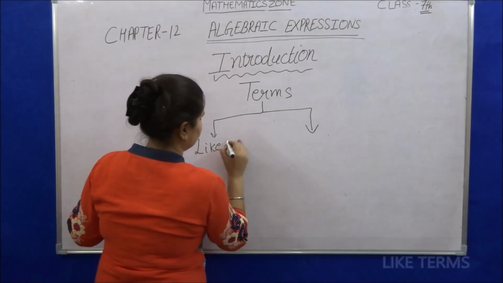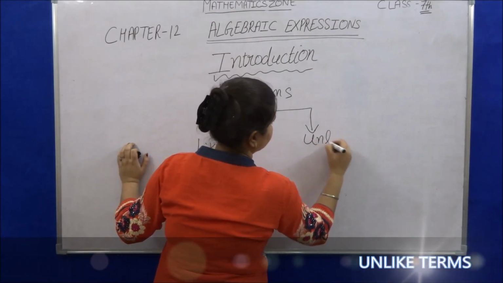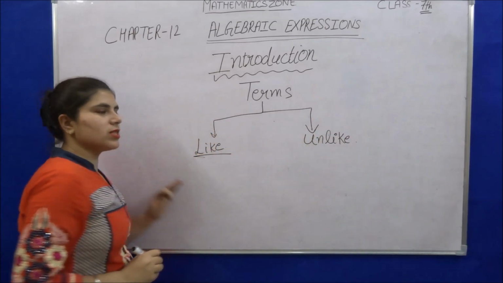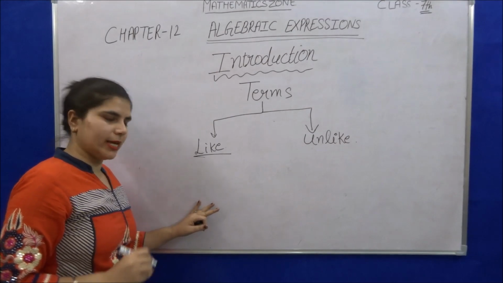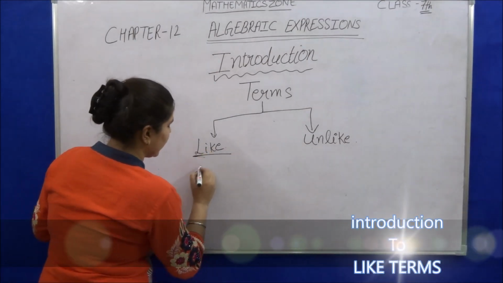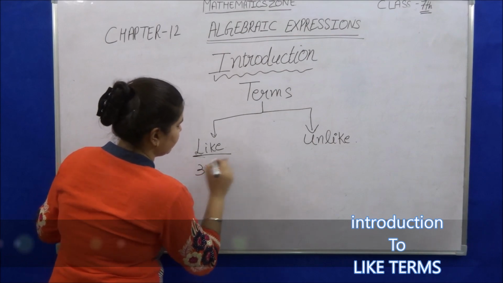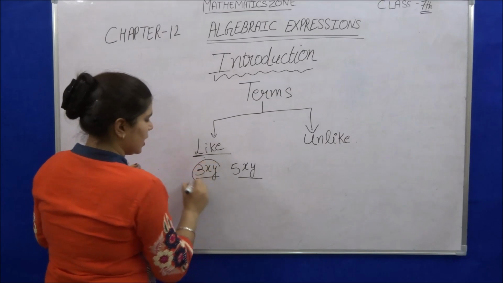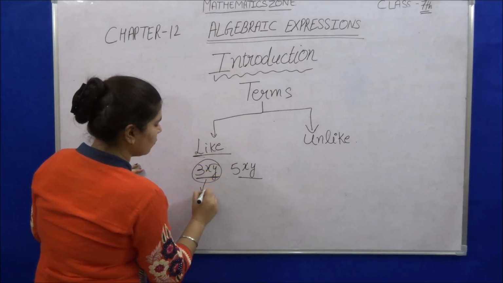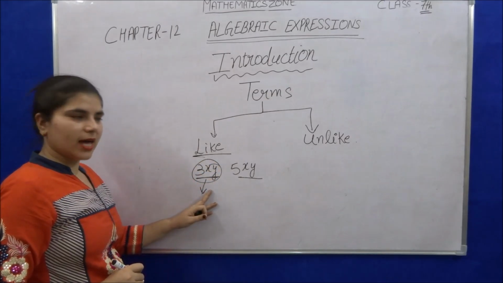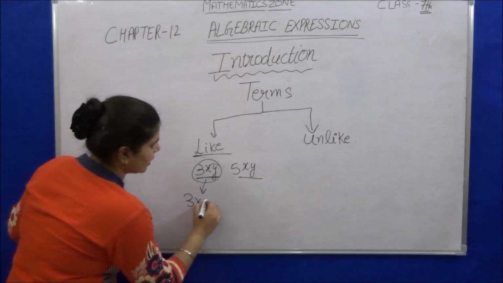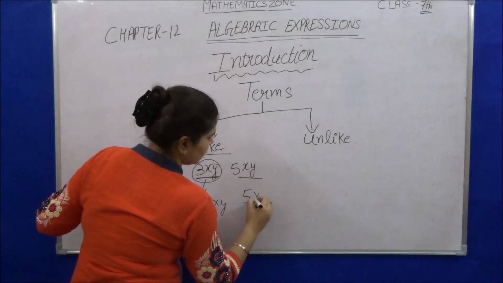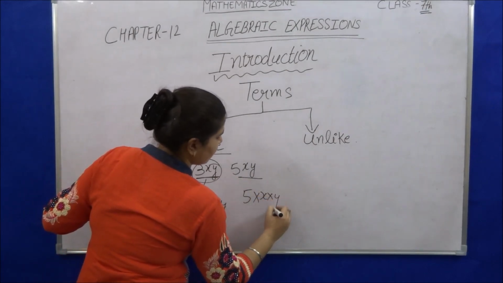Like terms are those whose algebraic factors are the same, like 3xy and 5xy. 3xy can be written as 3 into x into y, and similarly 5xy can be expanded as 5 into x into y.